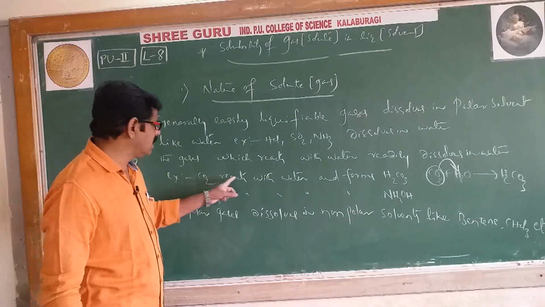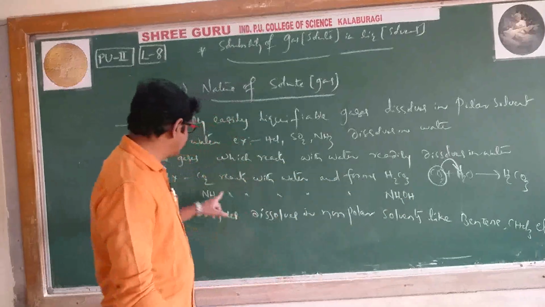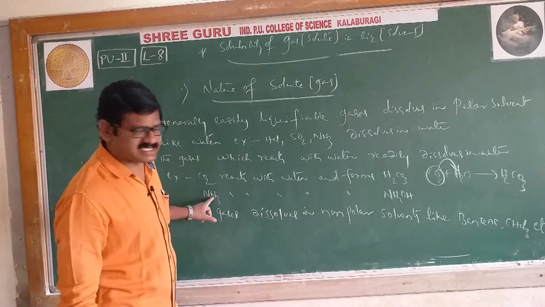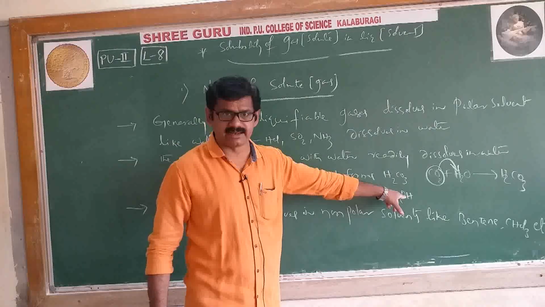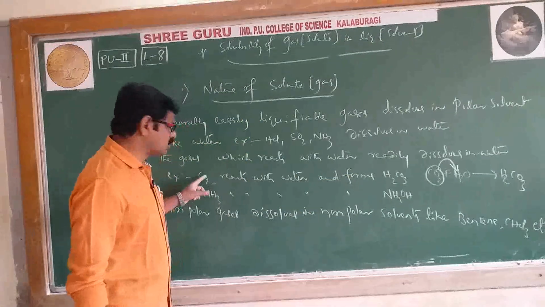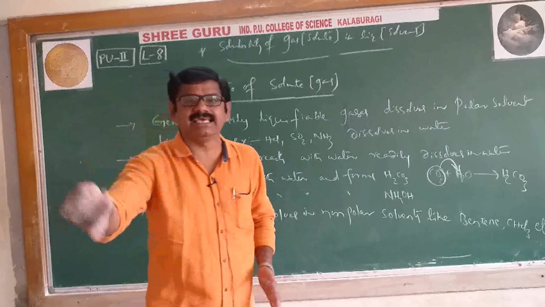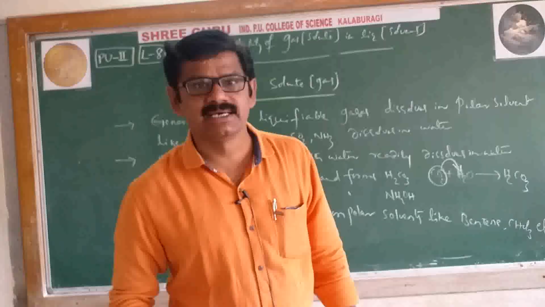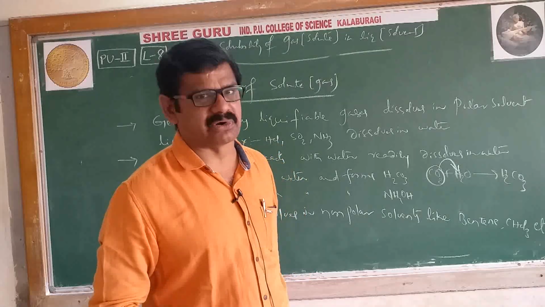Example, CO2 reacts with water and forms H2CO3. Similarly, NH3 also reacts with water and forms ammonium hydroxide. That's why CO2 as well as ammonia solubility in water is more, because they react with water and form corresponding products.